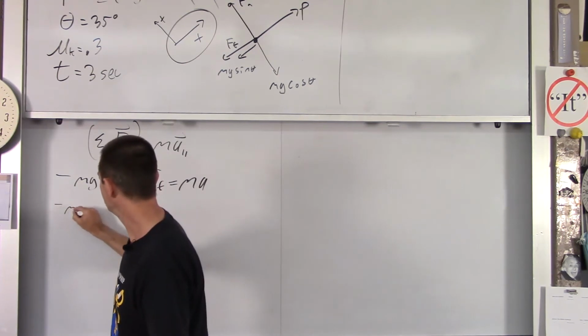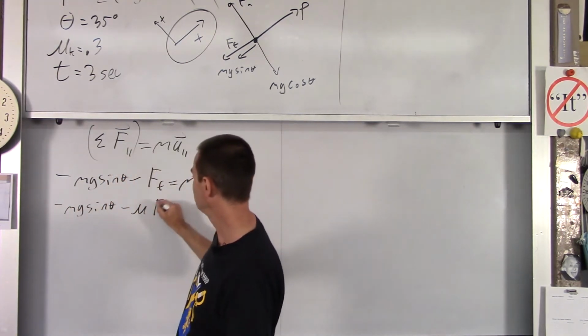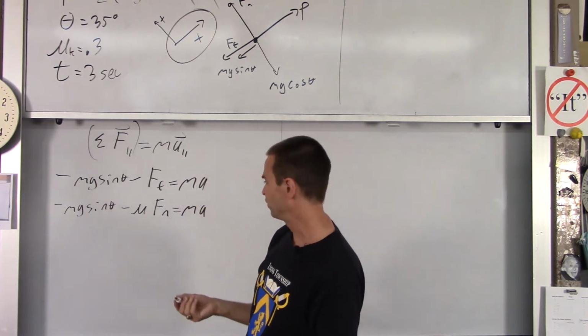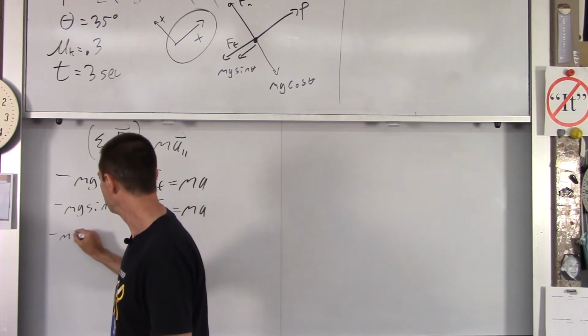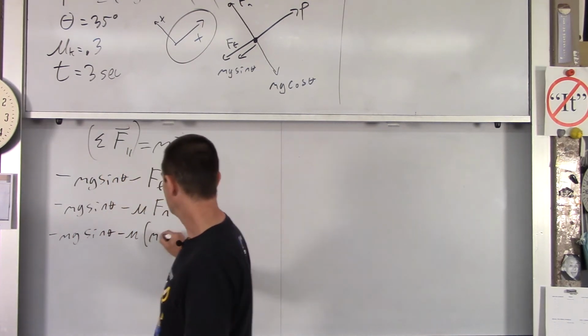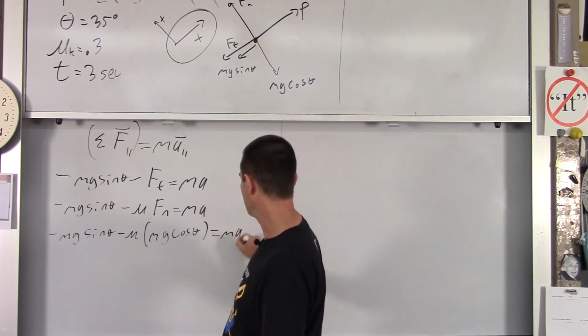And so we got negative mg sine of theta minus friction, which is mu Fn, equals ma. I'm roughly following the steps I did before. We got negative mg sine of theta minus mu, and Fn is mg cosine theta, and that equals ma.